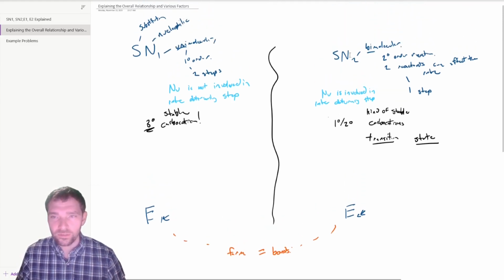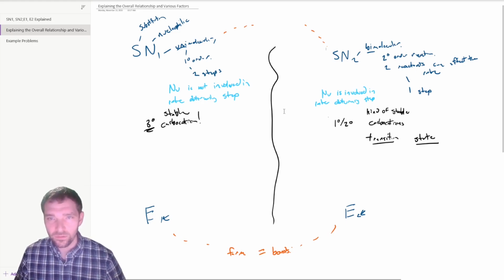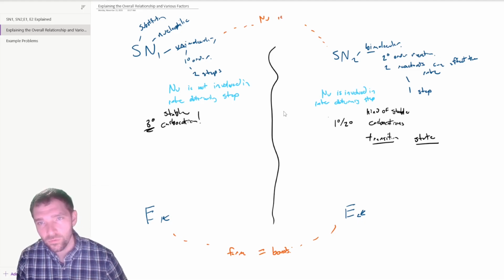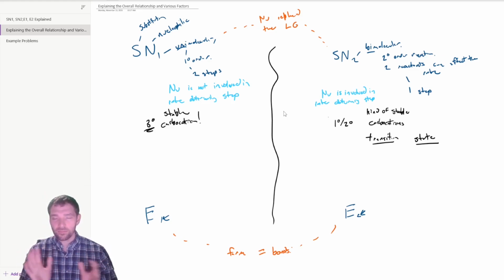And with the SN2 and SN1, a new group is coming in. In both cases, a nucleophile replaces the leaving group.